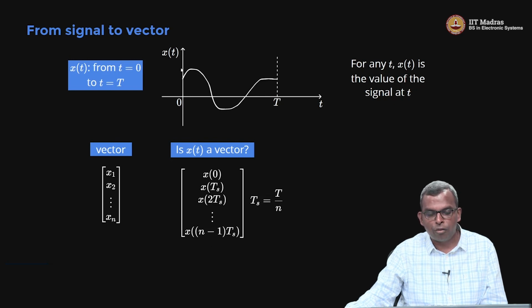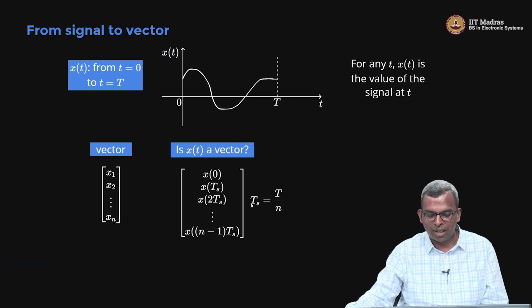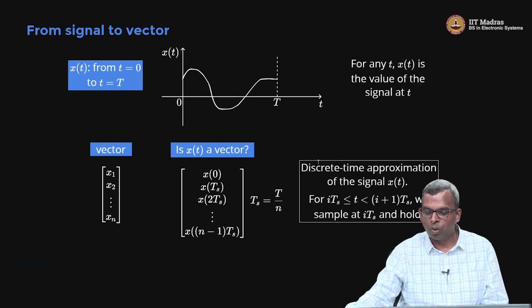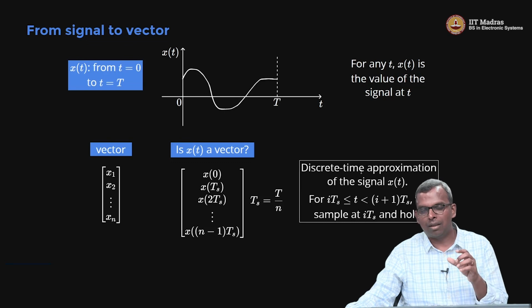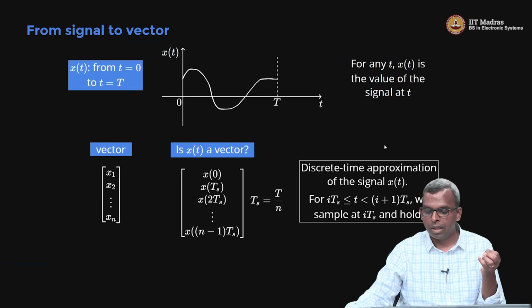This vector is derived from the signal, but this vector doesn't really represent the whole signal, right? There are a lot of gaps in the middle. So how do you reduce these gaps? You can do this thing, but that gap is there. Nevertheless, you can think of this vector as approximating the signal, and one can do something like this.